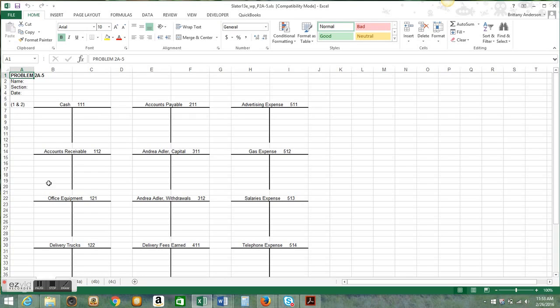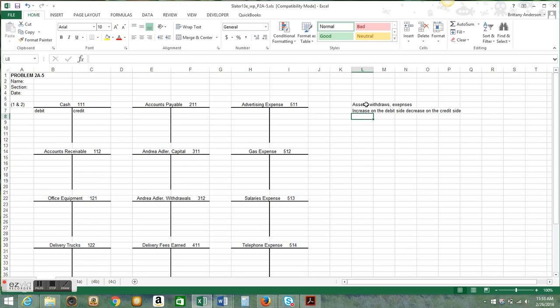The most important thing here is that you have to remember that this is the debit side and this is the credit side. You also have to remember your basic rules, what increases and what decreases. So my assets, withdrawals, expenses all increase on the debit side and decrease on the credit side.